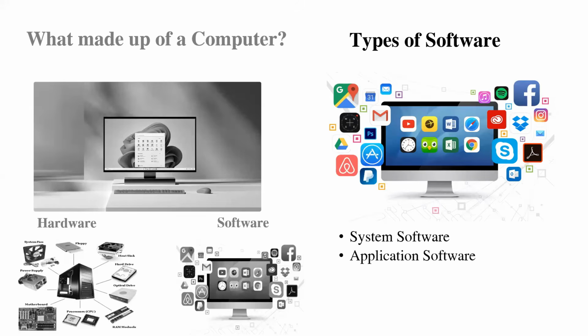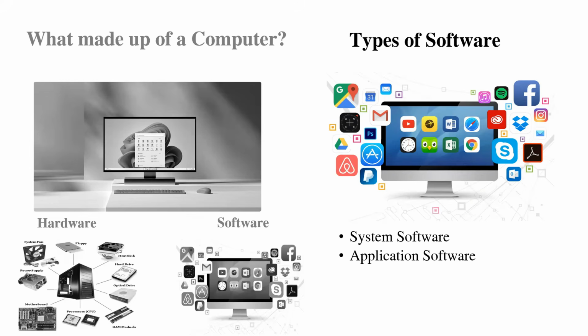And the other one that we have is application software. These application software are supportive software in the computer. That is maybe the browsers, the video players or audio players, the Microsoft Word and whatever you are seeing. They are application software, because they are supportive software in the computer.